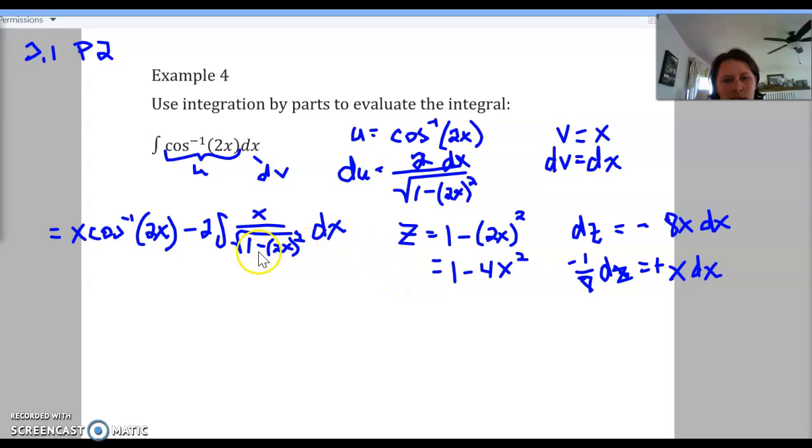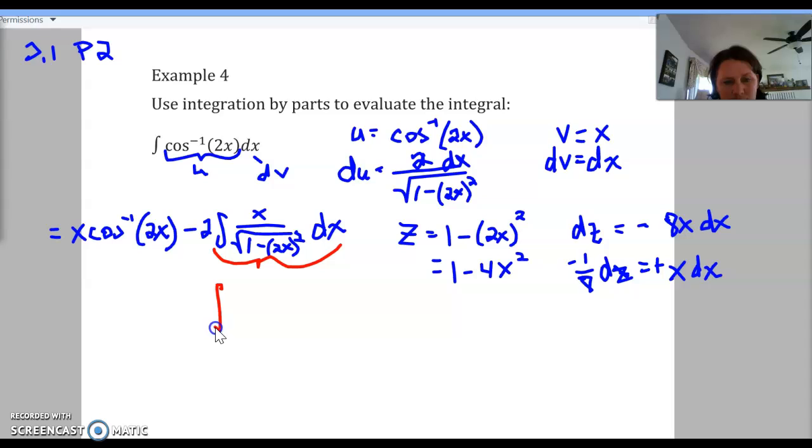So we can replace all of this for the x dx, put in its place. And then everything underneath the radical will just be z. I'm just looking at this portion right here. We'll come back and make sure we bring the rest of that equation along. So the integral of this right here, we're going to do a substitution.